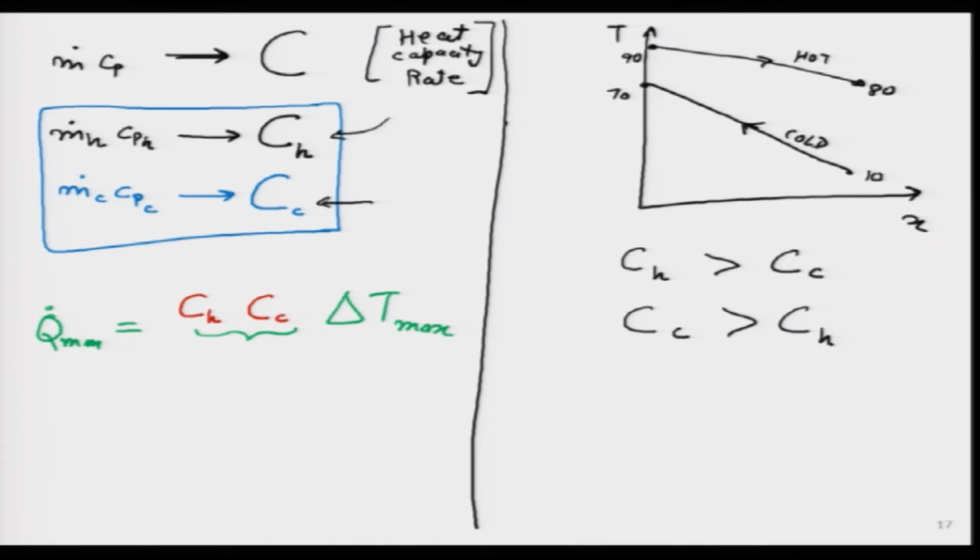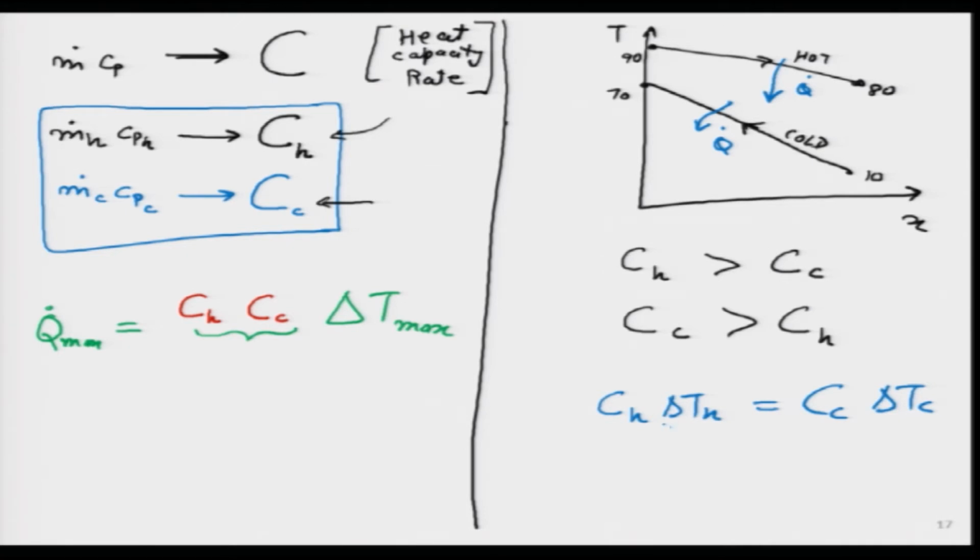I can solve this arithmetically: whatever is the heat gained by the cold was the heat lost by the hot, the Q dot over here. So, equating both these Q dots, I can simply write CH into delta TH is equal to CC into delta TC. Do not get confused, it is very straightforward.